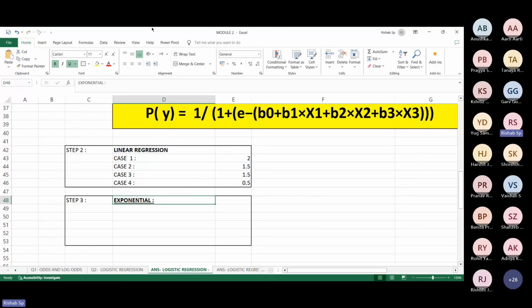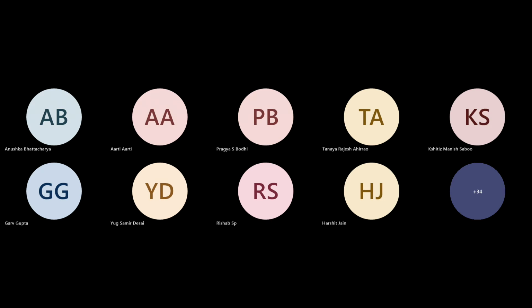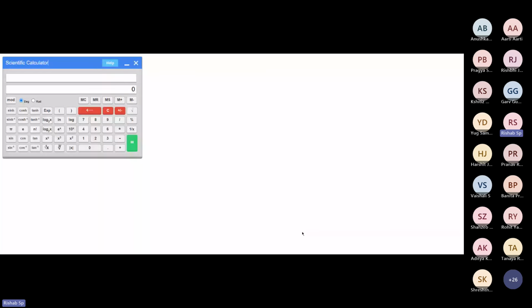We have 2, 1.5, 1.5 and 0.5 as our values. We'll solve using the scientific calculator. The calculations are so simple; you just be aware of the steps.